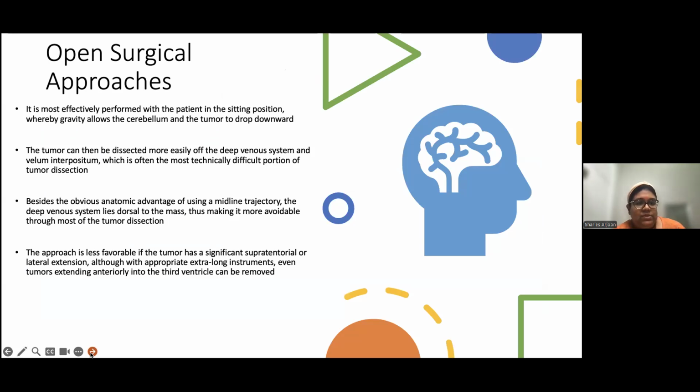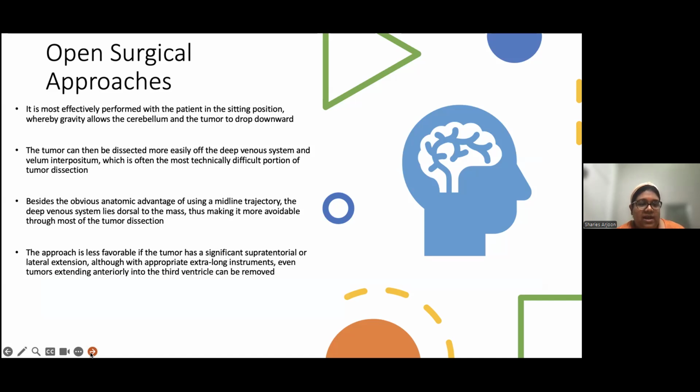It is most effectively performed with the patient in a sitting position, where gravity allows the cerebellum and the tumor to drop downward. The tumor can then be dissected more easily off the deep venous system and the velum interpositum, which is often the most technically difficult portion of the tumor dissection.